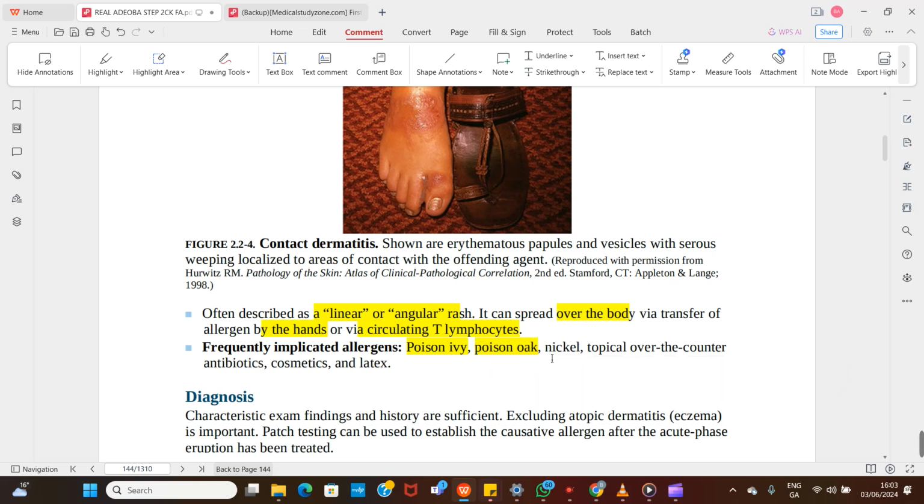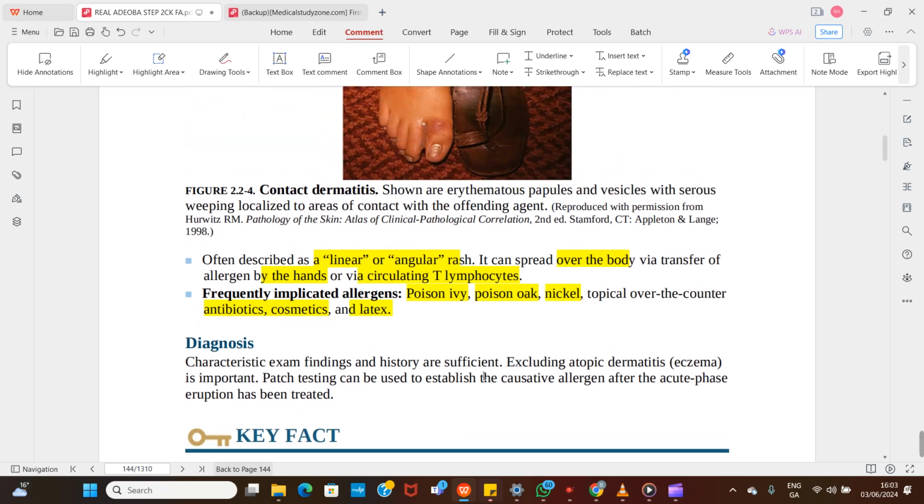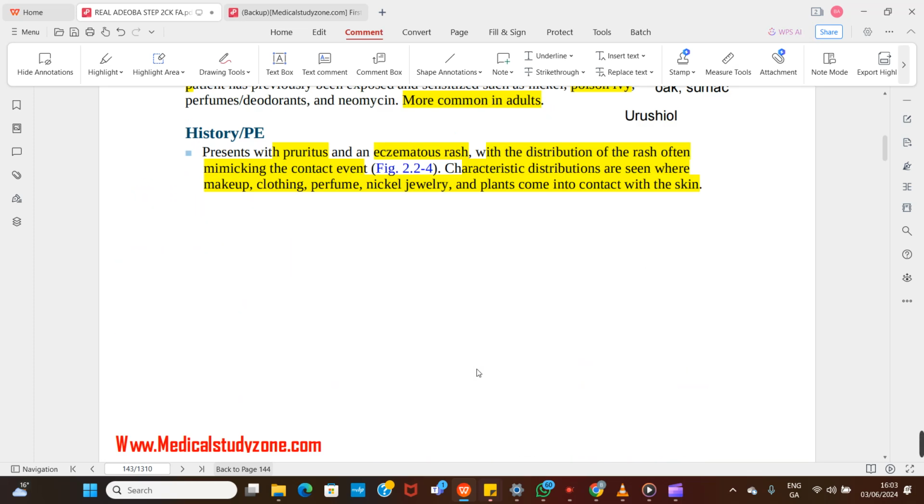The nickel jewelry, over the counter antibiotics, cosmetics, and latex. Antibiotics like neomycin, right? Topical neomycin is very commonly implicated. So that is it about allergic contact dermatitis.